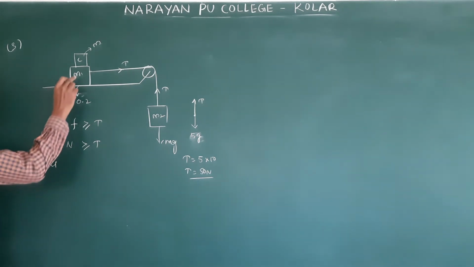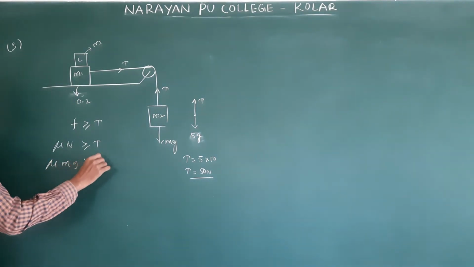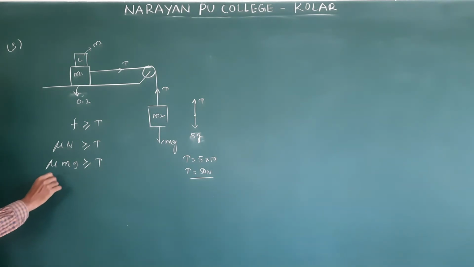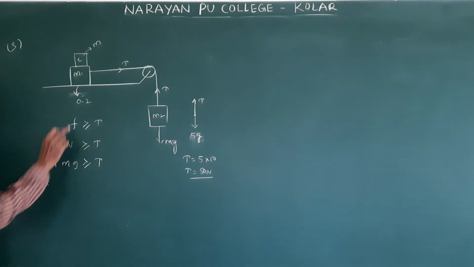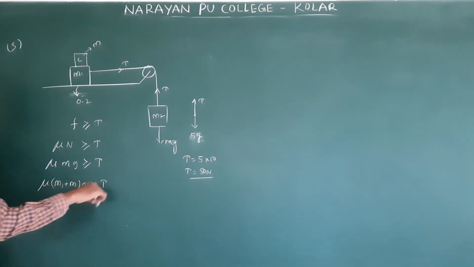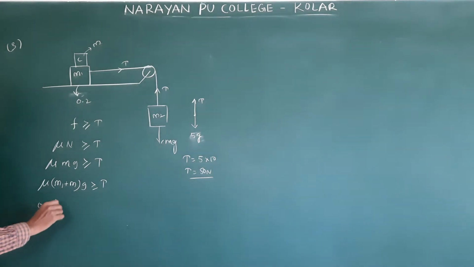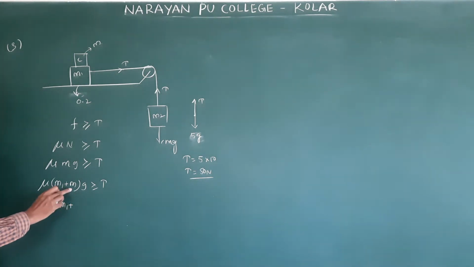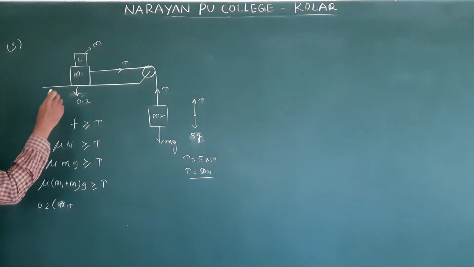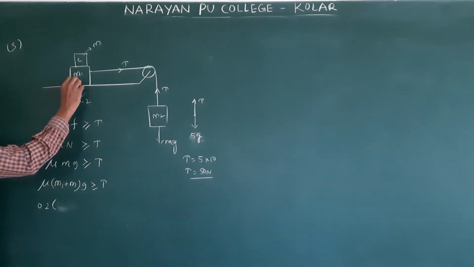Total mass, that is, mg. So mu times total mass, m1 plus m, into g. Now substitute the values. Mu value is 0.2. m1 we need to find out. M is already given, m we need to find out, right? M1 is object A.